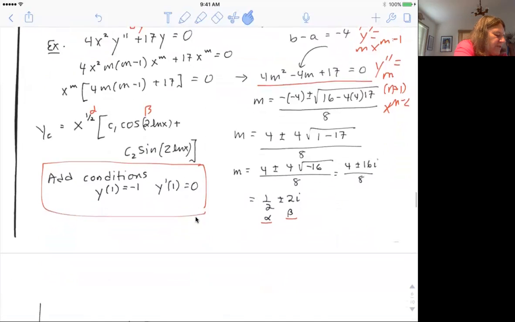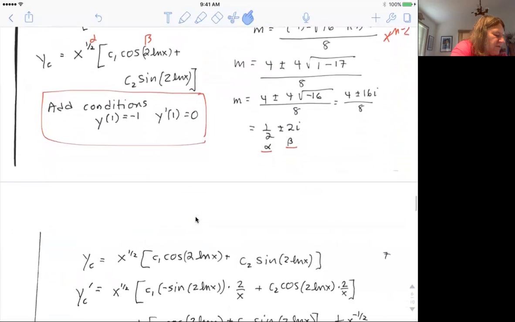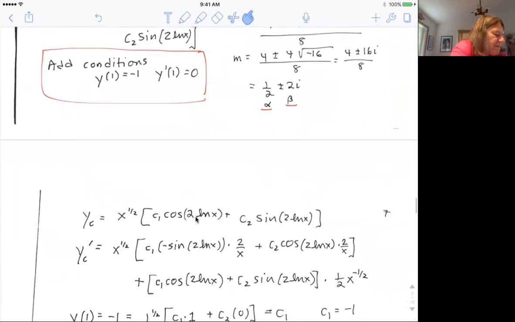All right, let's look at the conditions. I've got these conditions. We go about finding the C1 and C2 the same way. We just found out that yc was x to the 1/2 times C1 cosine 2 log x plus C2 sine 2 log x.